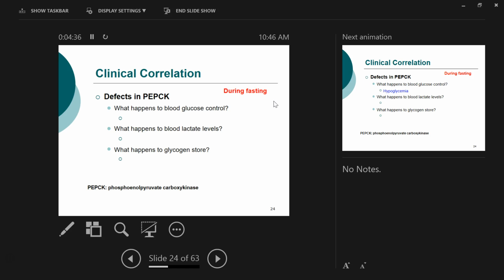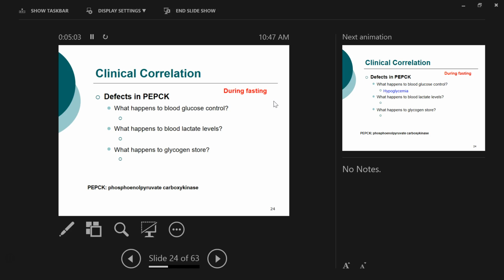So if someone has a defect in the PEP-CK enzyme, again a key enzyme in gluconeogenesis, what happens to blood glucose control, particularly during fasting? In the fed condition, we can get glucose from the diet, so we'll be able to maintain blood glucose level.